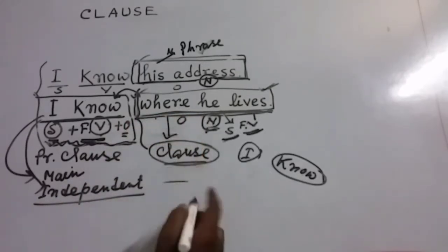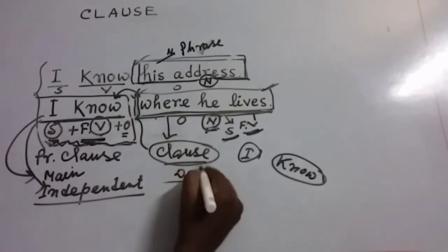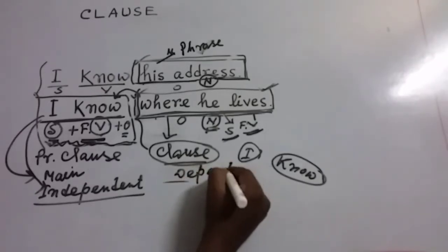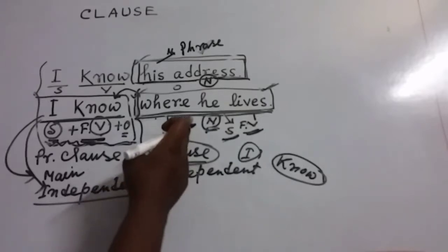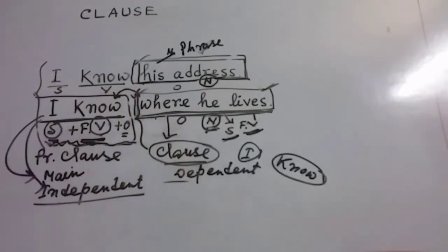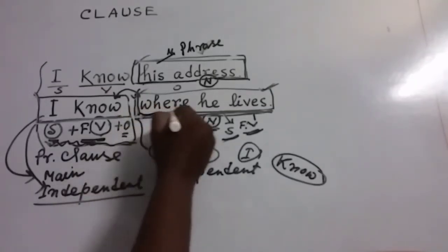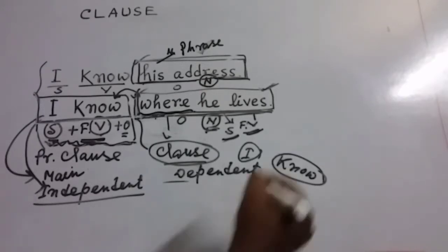My dear friends, this part is called dependent clause. That means this part is dependent upon the principal clause. I think this is clear to you. In a dependent clause, you can always see these types of words, WH words, or that.